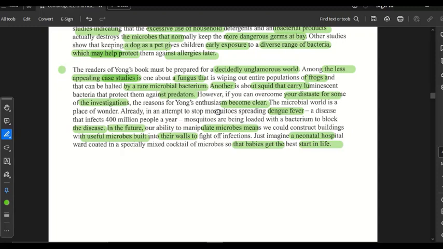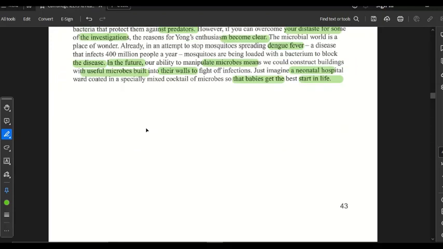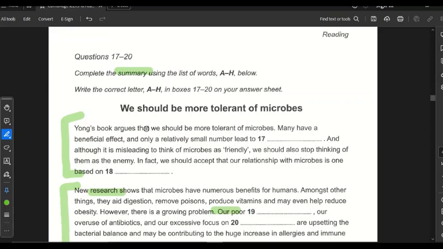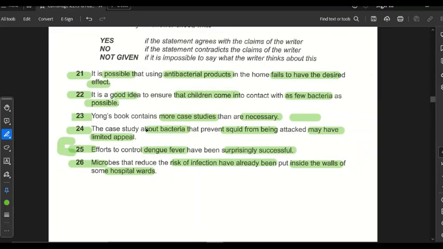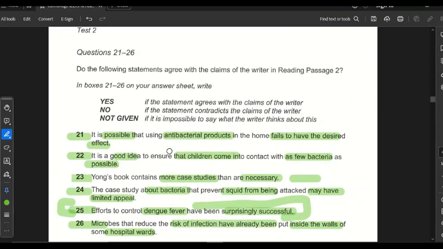Hence, the answer is not given. Not given means some of the information is there, but it is not complete. We have effort to control dengue, but we don't have the last part, has been successful. That makes it not given, please.